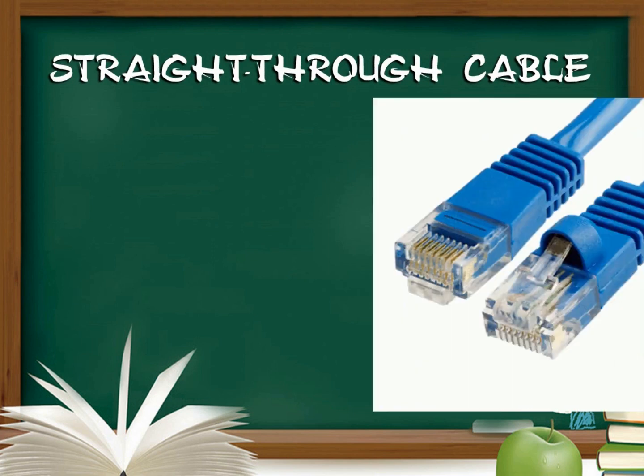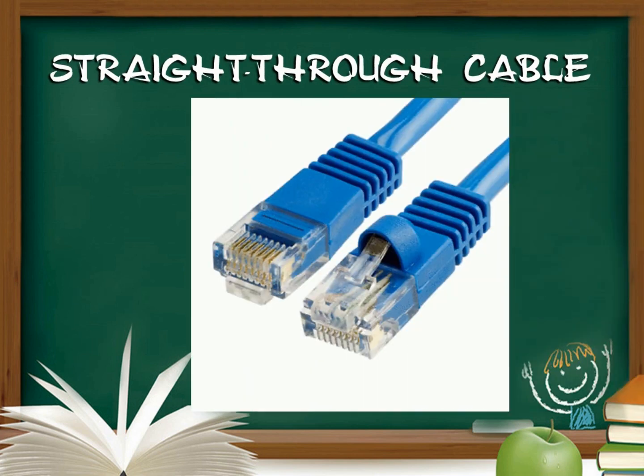So, straight-through cable, this is how it looks like. You can be able to tell using this diagram which of them is straight through and which of them is crossover. The straight through cable looks like this. We have both ends terminated with a connector.